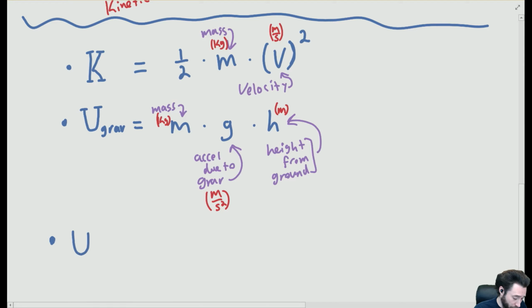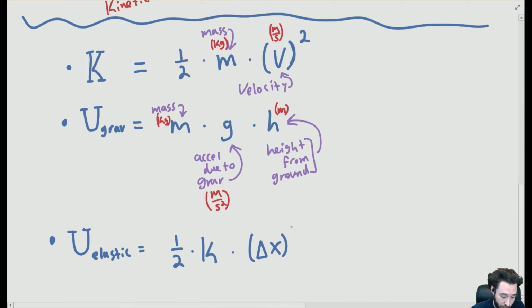So U elastic is just going to be 1/2 times the spring constant times my change in position from it. So the amount of compression or stretching of the spring from its rest length squared.